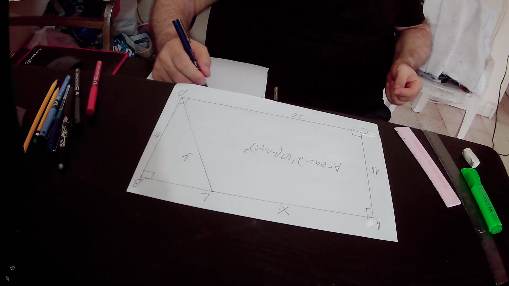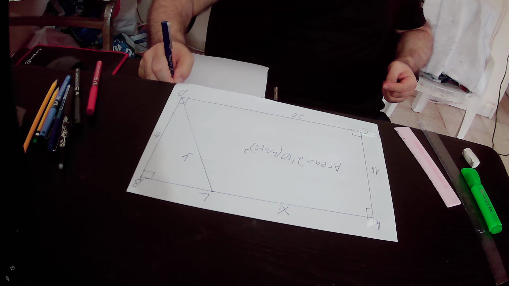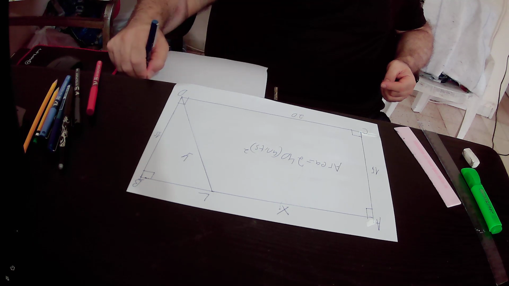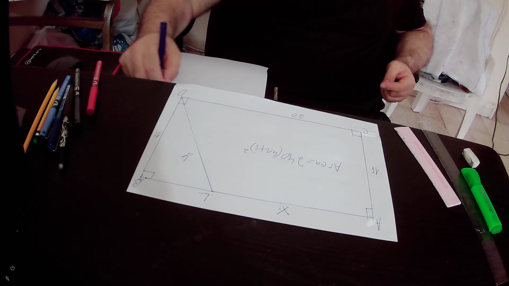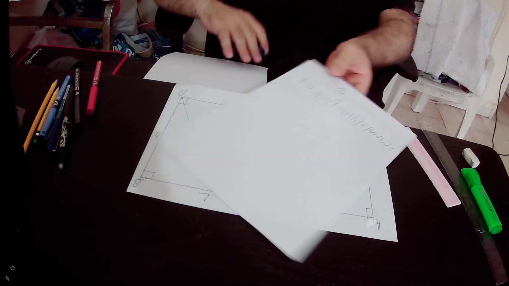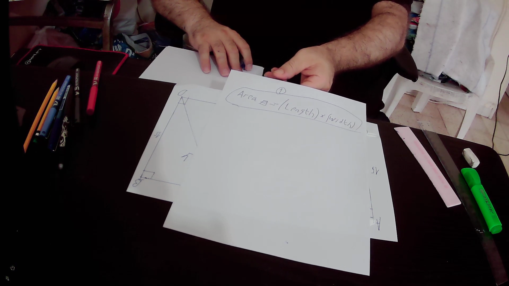So the length of a rectangle times the width equals the area of a rectangle. So the formula for the area of a rectangle is the length of the rectangle times the width of the rectangle.